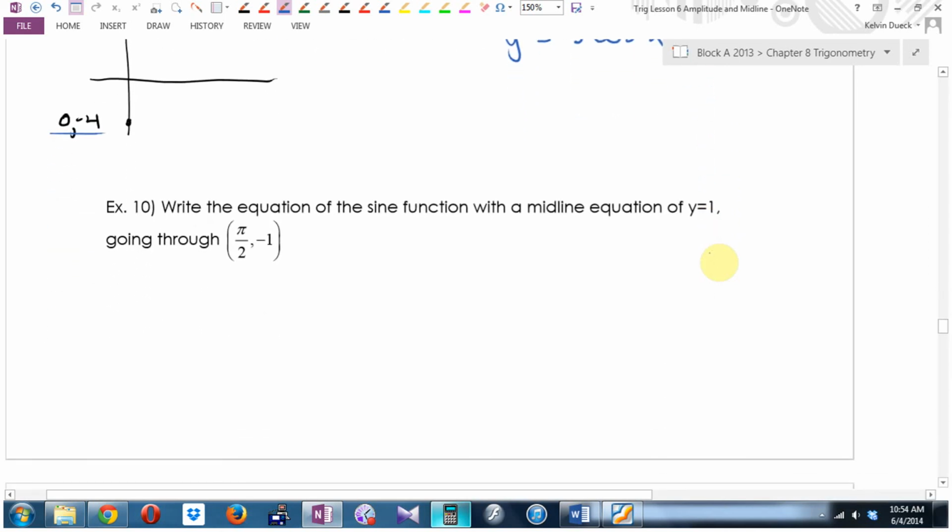Last one, toughest one. We're done. Write the equation of the sine function with the midline equation of y equals 1. It's going to look like this then: y equals something sine x plus 1, because there's my midline equation, going through pi by 2, -1.